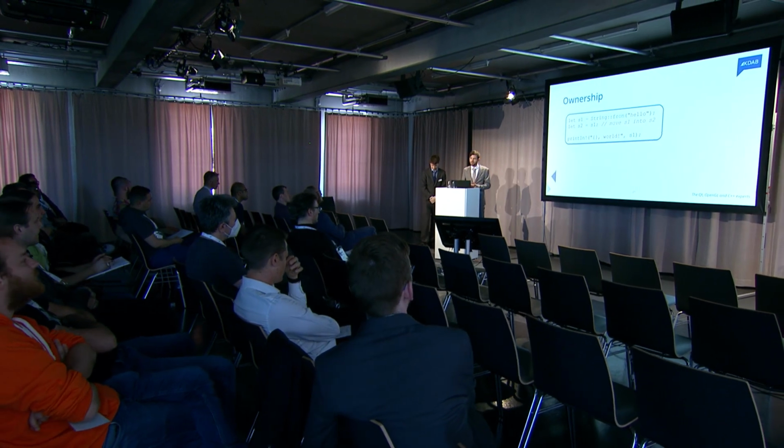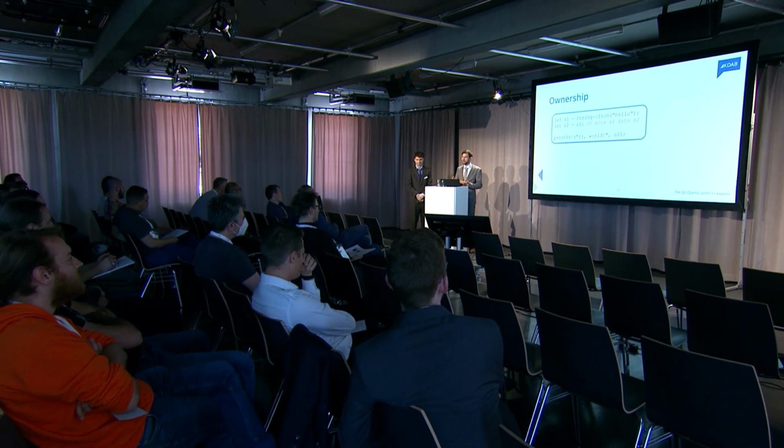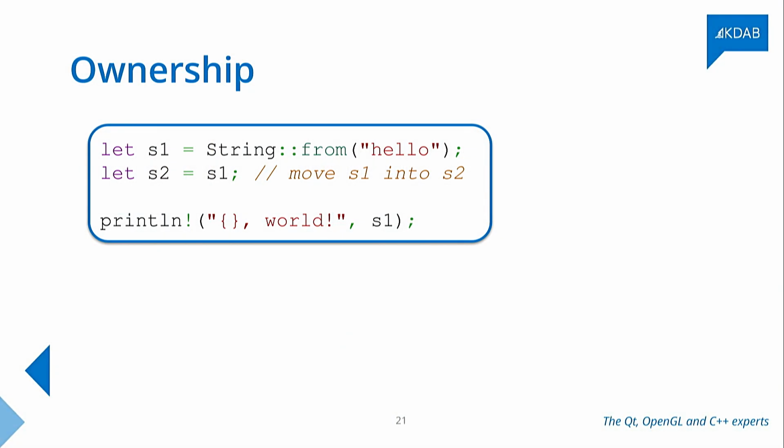So there are multiple concepts that Rust introduces that are actually already available in C++, but they're only in your heads most of the time. But Rust really makes them explicit. They're nothing really new, but they're something that we now have to actually express in our code. For example, ownership. In this example, we have one string, and then we assign that string to another one.